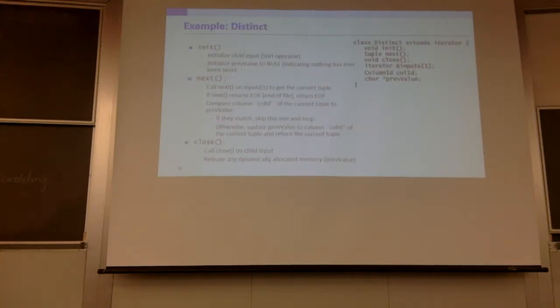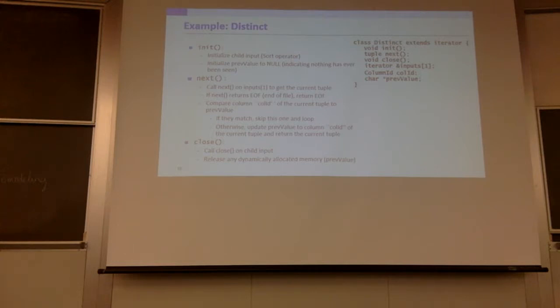So let's see a very real example of how we actually implement one of the operators. Suppose here we implement the distinct operator using the operator interface. How do we actually implement that? Suppose this distinct only applies to sorted data.